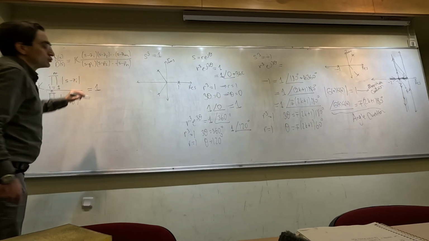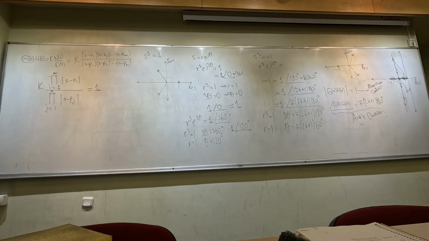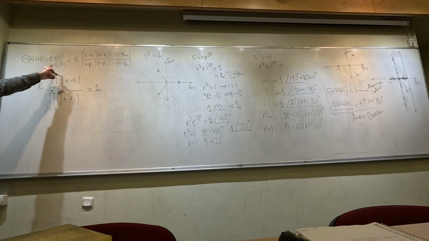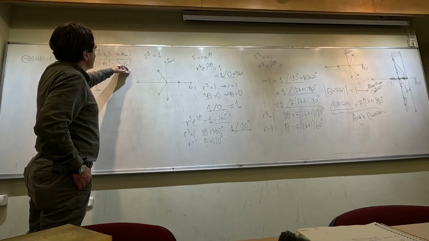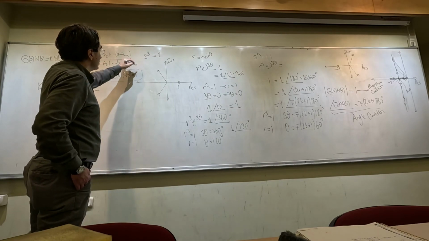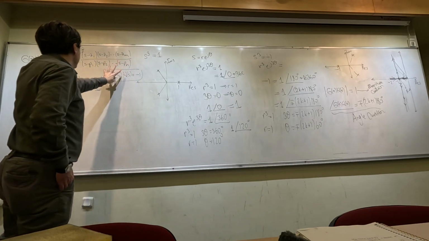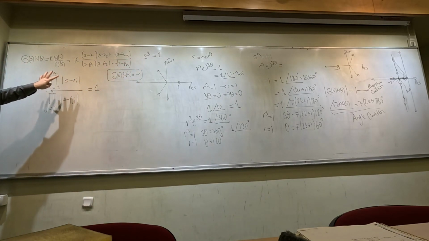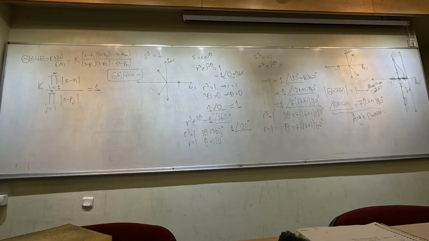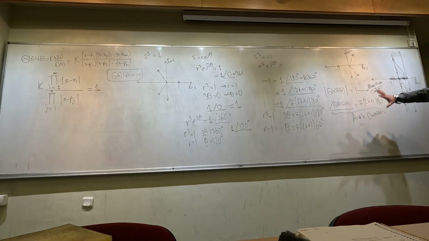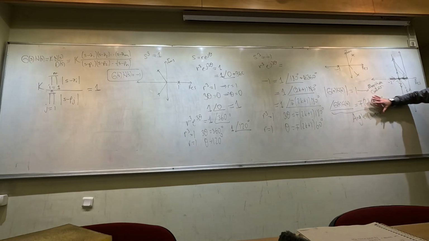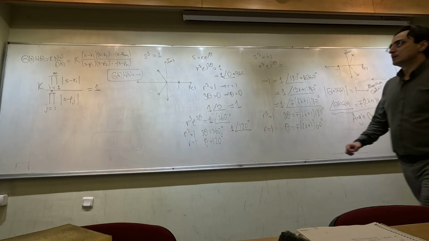This magnitude should be equal to 1 for solving the equation. For an s value to solve the equation g of s, h of s, s should satisfy this equation. Okay? And then I will write also the angle condition. The angle condition is this thing being equal to this one.